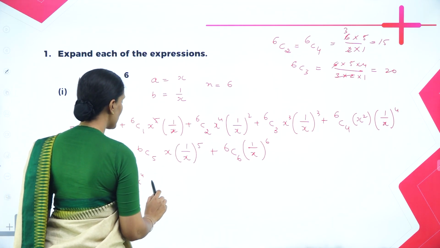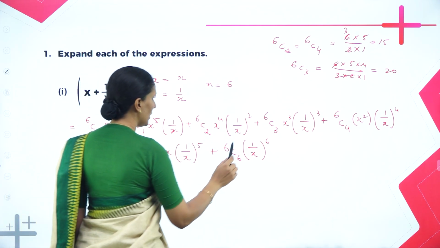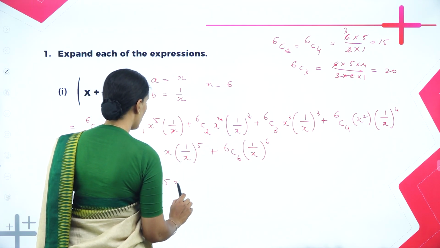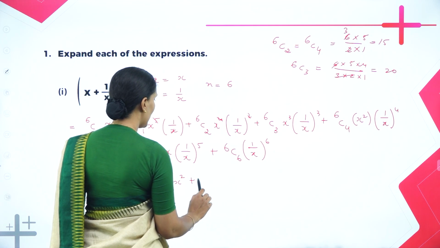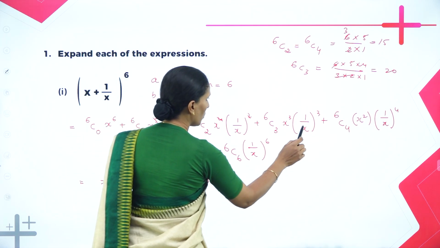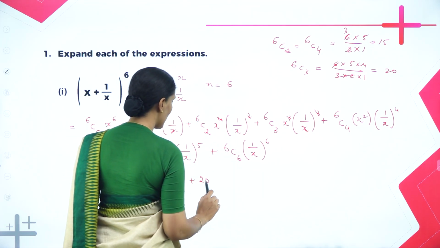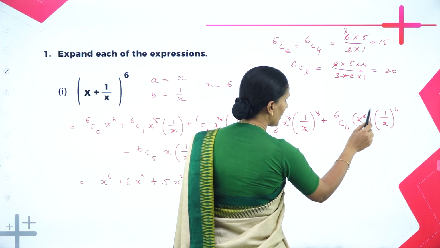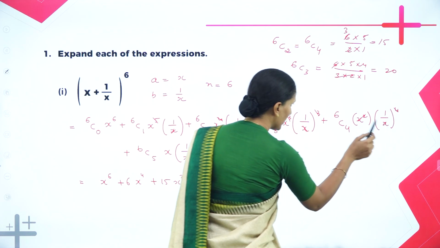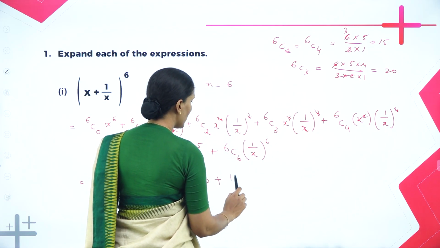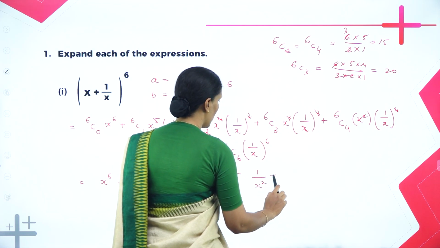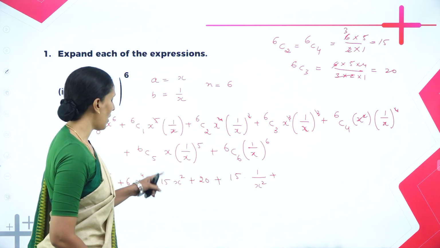6C2 we got as 15, and here the x cancels, so it is x square. The next term is 20, and x cube cancels, so just 20. The next term has x square in the numerator and x power 4 in the denominator, which cancel, so it is 15 into 1 divided by x square. The next term is 6C5.